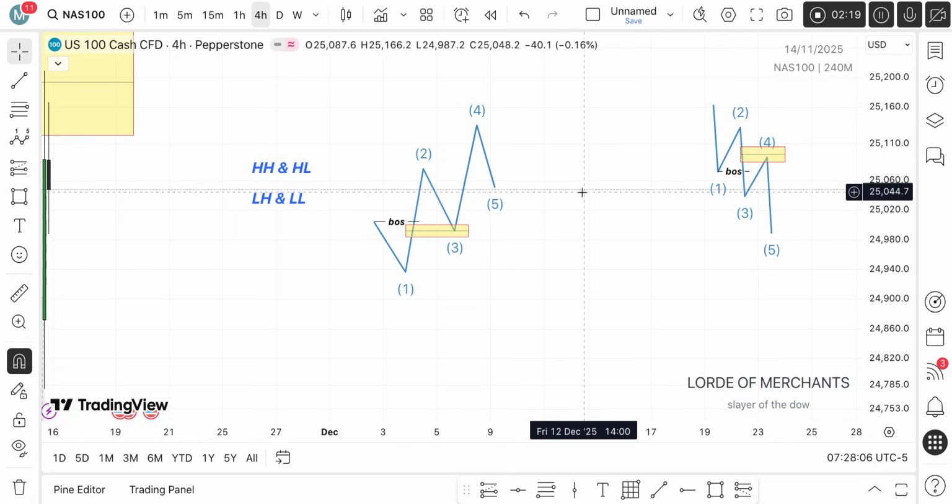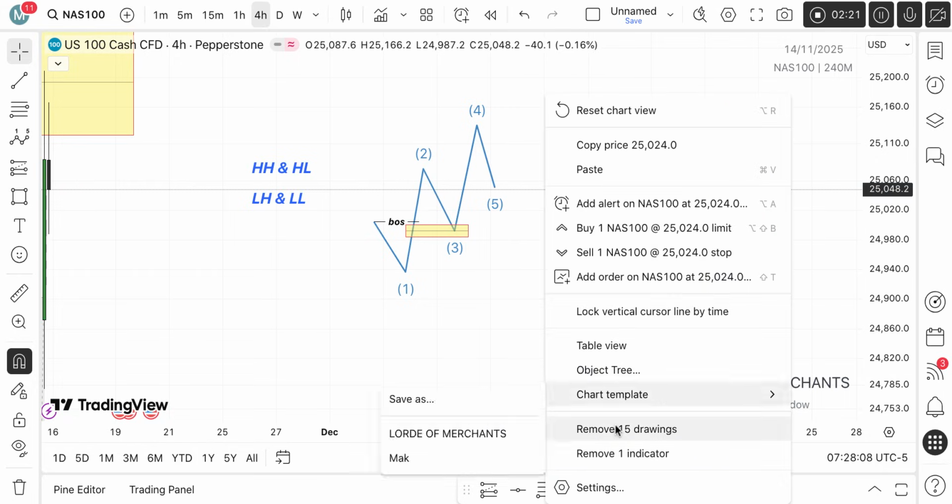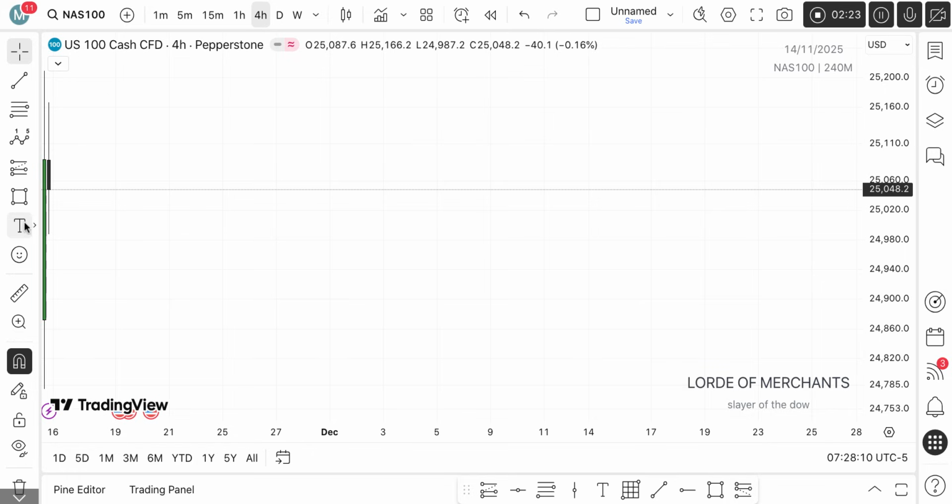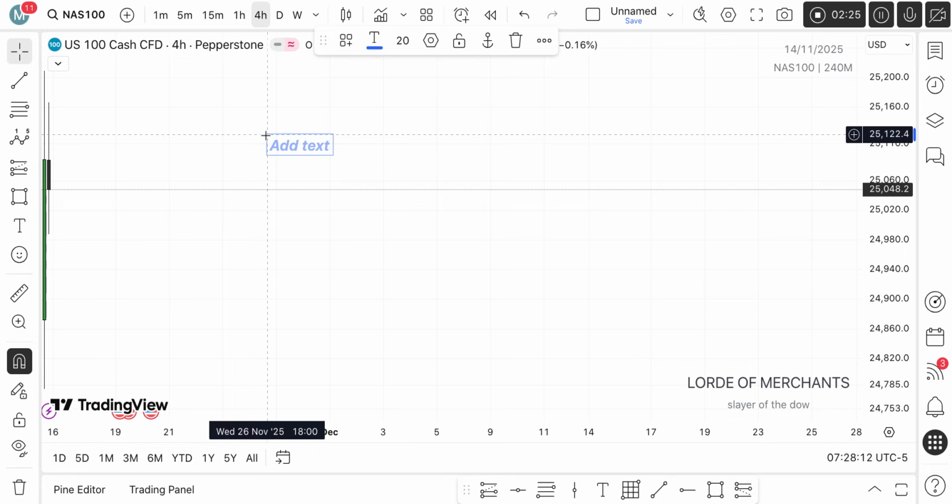So now coming back to the breaker model, using that information, you need to know what an order block is. What is an order block? There are two types of order blocks.